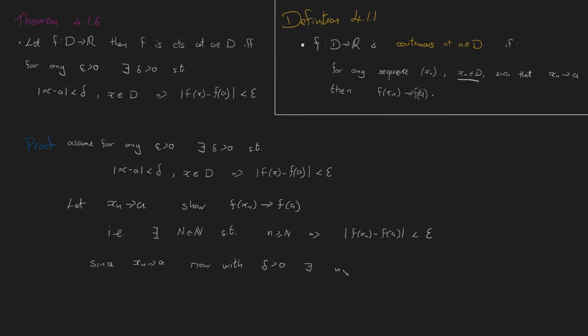So we know that there does exist some capital N, let me say N prime, such that n greater than or equal to N prime gives the absolute value of xn minus a less than delta. But in that case, xn minus a is less than delta, so we have indeed that the absolute value of f of xn minus f of a is less than epsilon, so we're done.